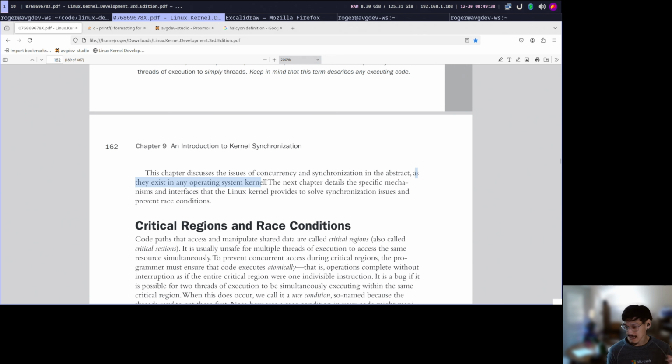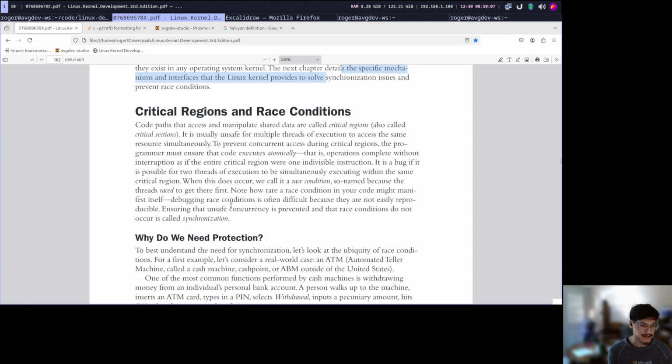The concepts we're going to talk about are applicable to any type of kernel you're going to write. The next chapter details the specific mechanisms and interfaces that the Linux kernel provides to solve synchronization issues and prevent race conditions. So the next chapter, chapter 10, will talk about the specifics of what Linux does.